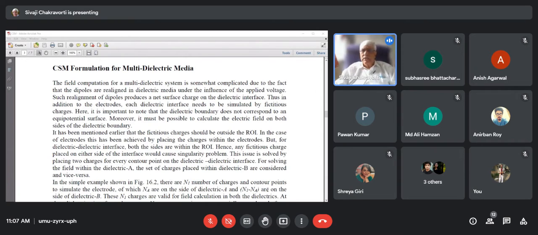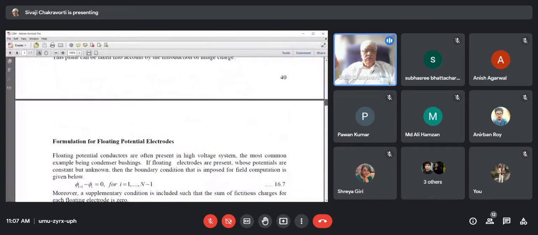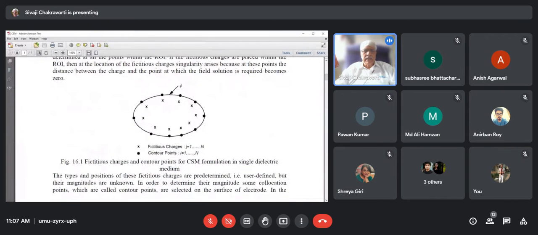Good. So now you remember that we were discussing charge simulation method formulation, and we discussed the single dielectric case. So again, I just go back. This one was our example, that this is an electrode. So what we did, we tried to simulate the effect of the actual charges which are present on the surface of the electrode.